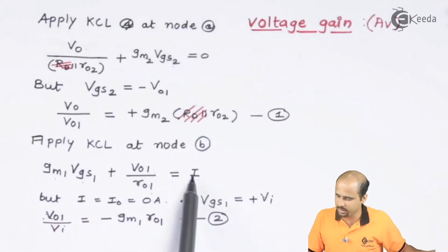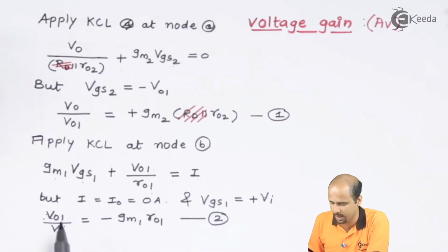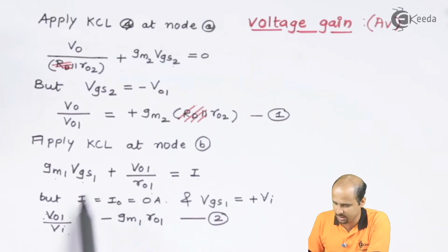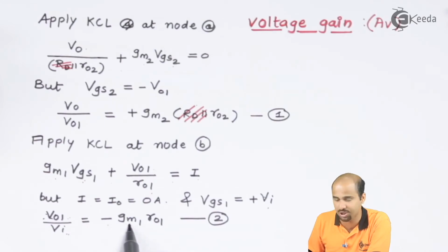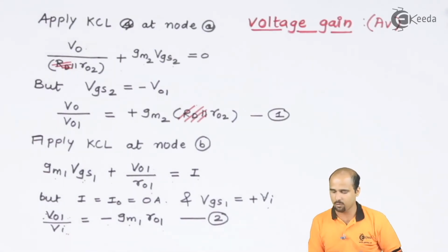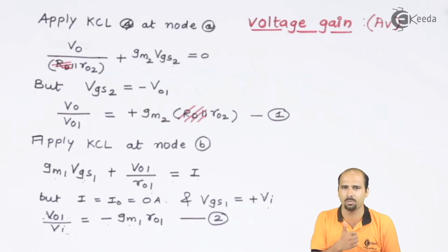So I'm equating this I is equal to 0, so that I will be getting the ratio of VO1 to VI. If I take the ratio, VGS is equal to plus VI, then I will be getting VO1 divided by VI is equal to minus GM1 into RO1. Oh, great. Now I have got the value of VO divided by VO1, that is equation number 1, and VO1 divided by VI, that is equation number 2.